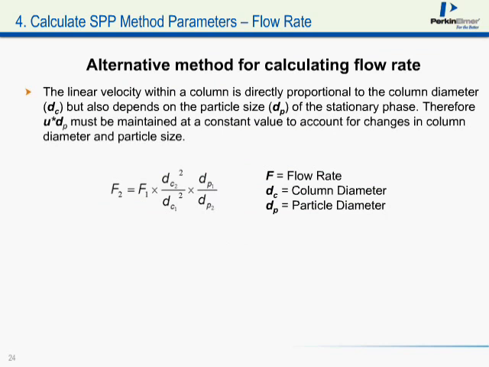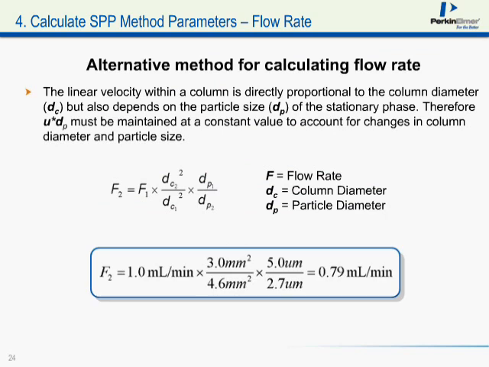Taking ratios of those, you can calculate the optimum flow rate based on your current flow rate. The flow rate on the current column was 1 mL a minute. For the new SPP column, the estimated flow rate would be 0.79 mL per minute. So it's pretty similar to using the table as well.